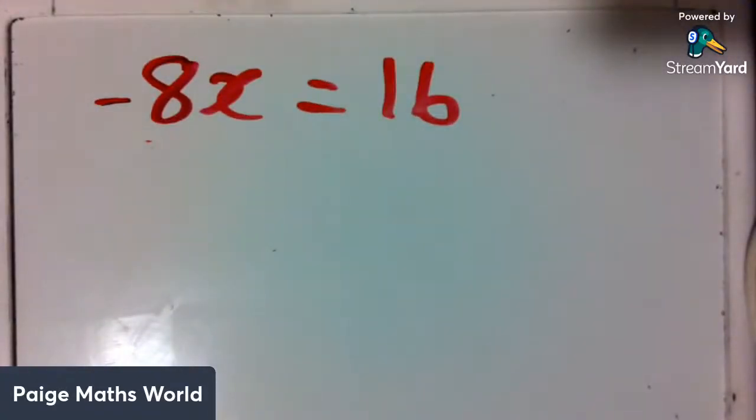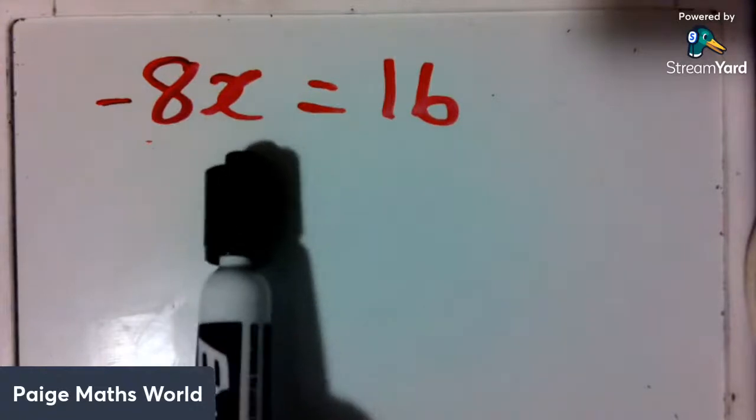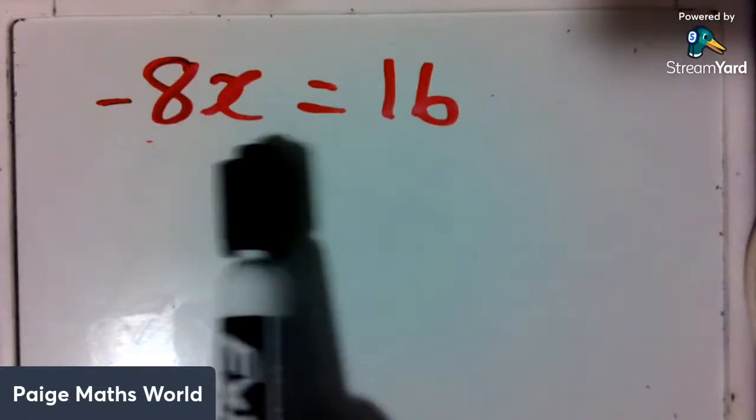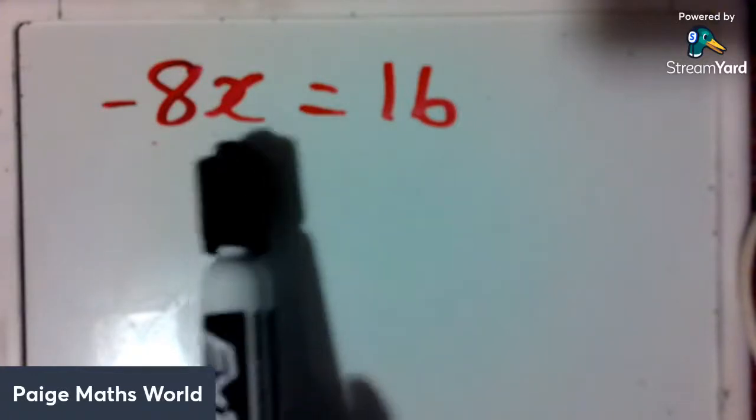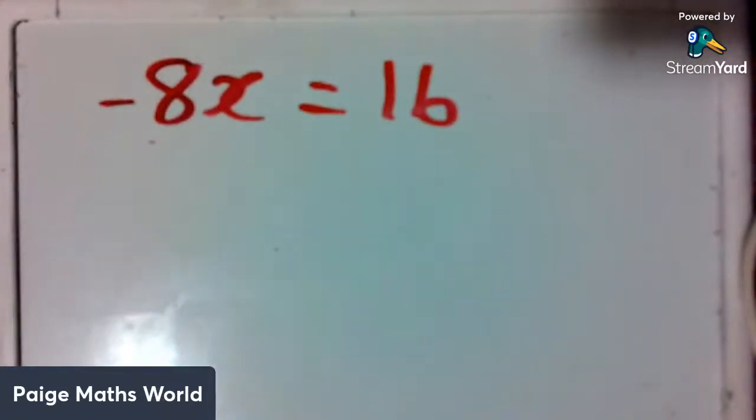In these problems on your exam paper, you're going to see solve for x or solve the following. Once they say solve, it means you need that variable by itself. The variable is a letter. It can be any letter in the alphabet.